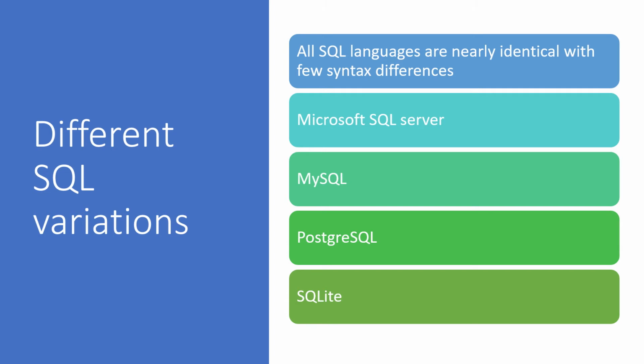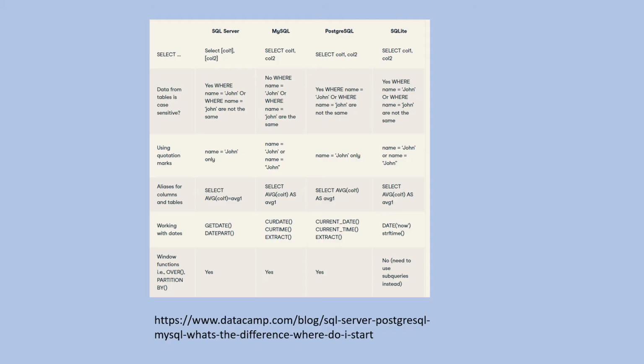So there's different structured query language variations. Now all SQL is SQL, but there's different ones such as Microsoft SQL Server, MySQL, PostgreSQL, and then SQLite. And then if I just go over to the next slide here, you can actually see some of the variations.